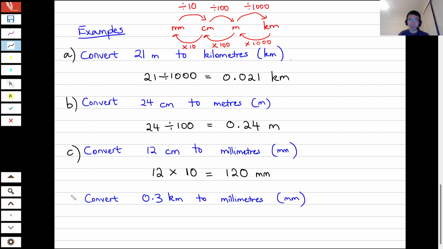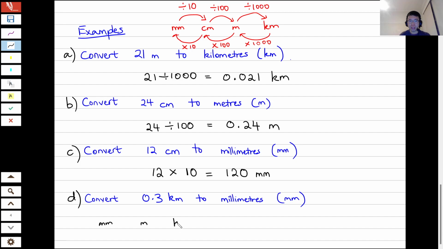And finally, in the last question, suppose I have something in kilometers and I want to do a conversion all the way to millimeters. I'm going to need to work my way through this diagram. Now, we can actually do something even simpler.